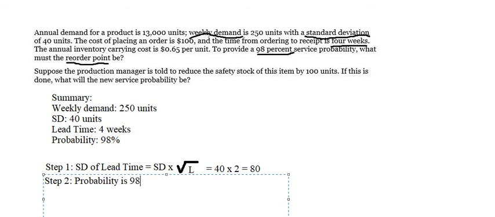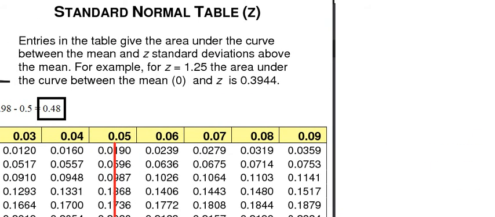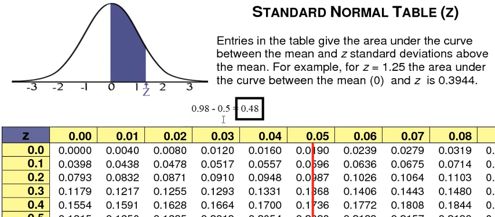The probability is 98%. In this situation, we need to use the standard normal table. You know that we have the area in purple here because we need to find 98%, but the table only covers from 0 to Z, so we need to subtract 0.5 from the left area, and you get about 0.48.